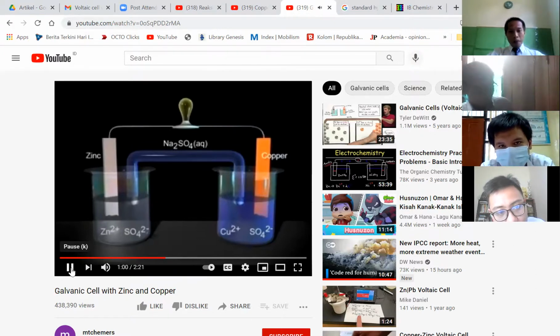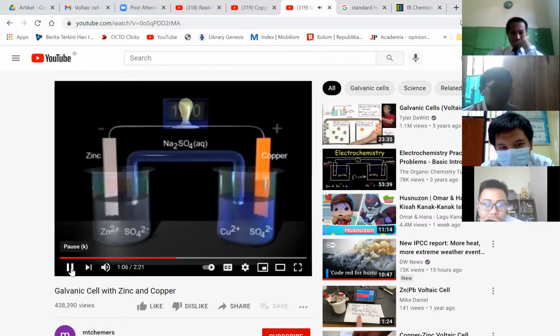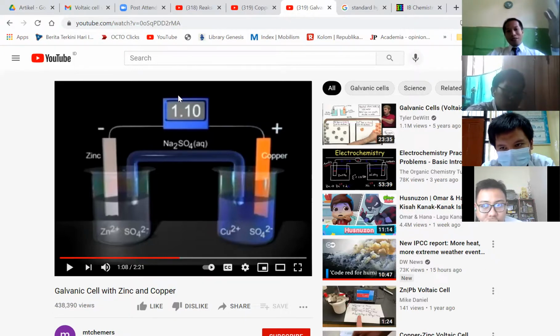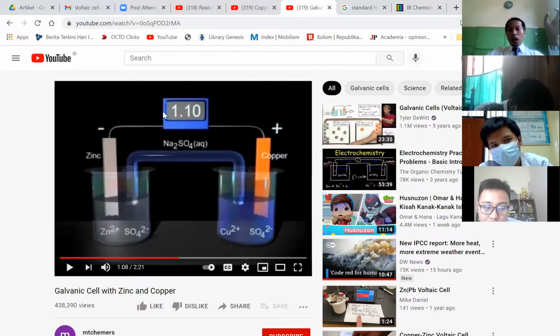We now have a complete circuit and current flows. When we replace the light bulb with a voltmeter, you're going to see that the voltmeter will show 1.1. It means that this circuit is producing 1.1 volts of electricity.